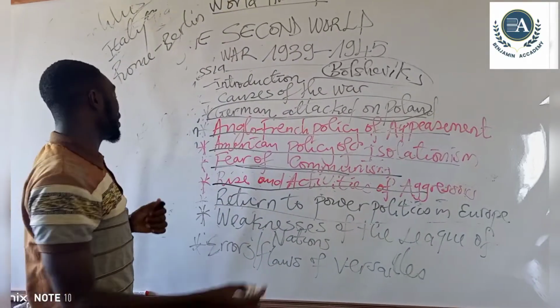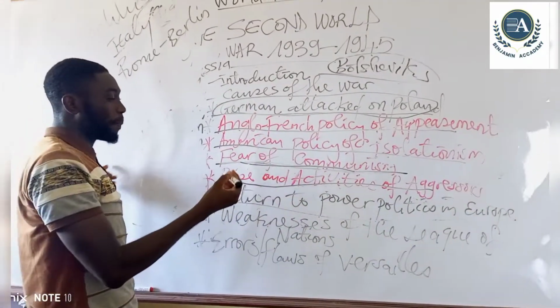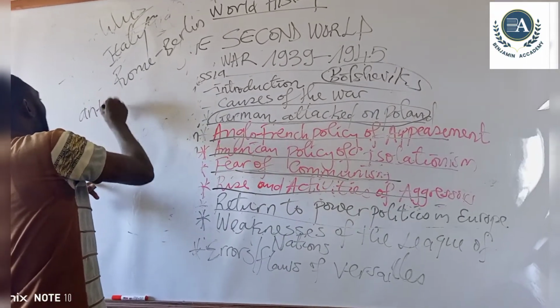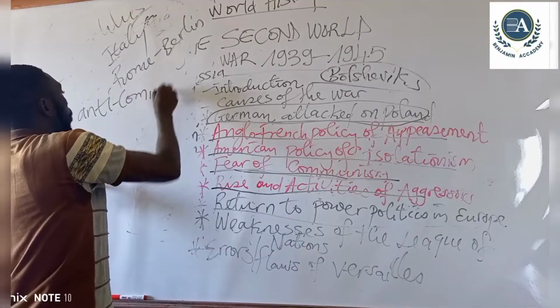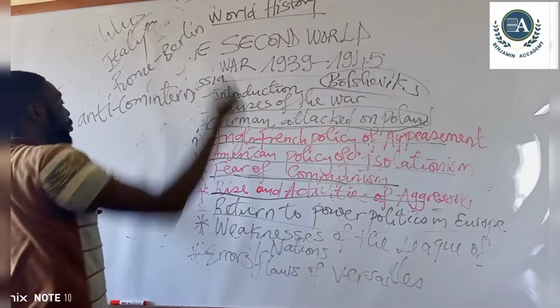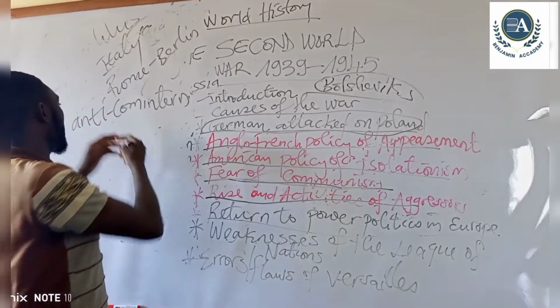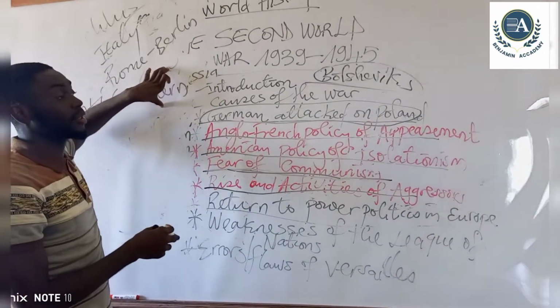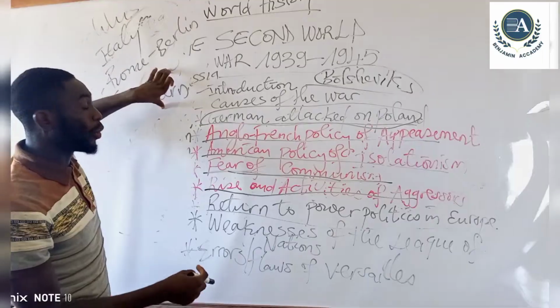Still in 1936, Germany met Japan. They formed what we call the Anti-Comintern Pact, which was to check communism in Russia. Germany and Japan had the Anti-Comintern Pact in 1936, and the purpose was to check communism in Russia.